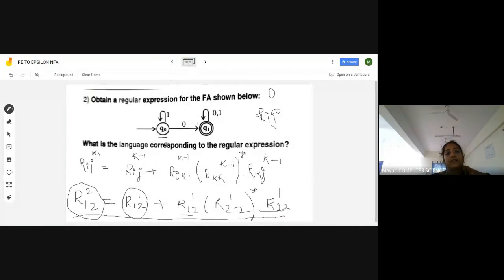After that, find the terms based on this formula. So what is the regular expression I need to get out of this? This is my state 1, this is my state 2. So R12 power number of states, which is 2. For this you apply the formula. Whatever terms are there, you calculate the terms first, then come to the final equation and apply. So I hope you understood this.